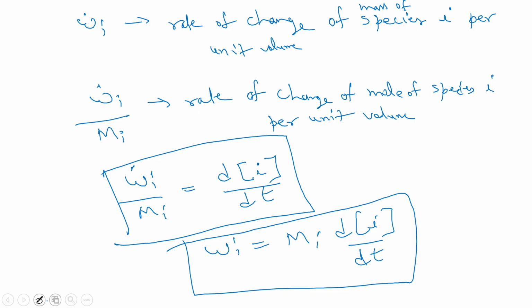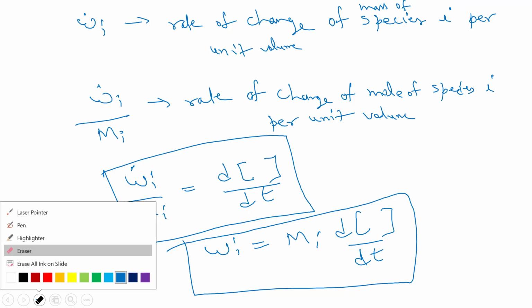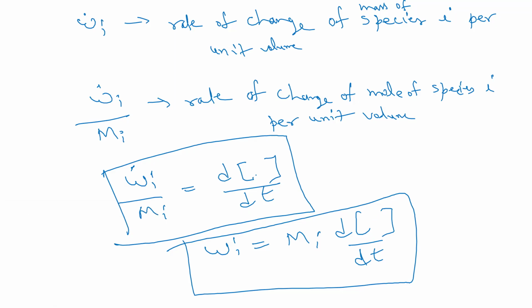Instead of I, here I will write X I, and it will be easier for you to remember. This is species X I. X I is species I, and this is concentration.